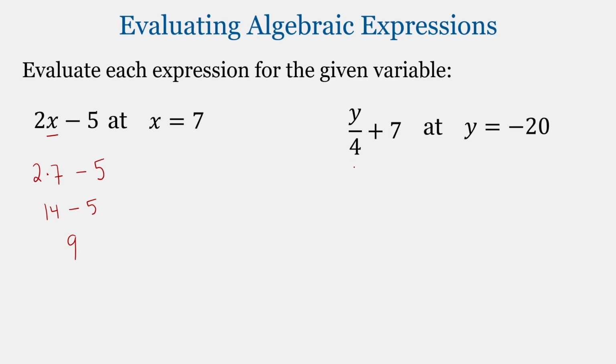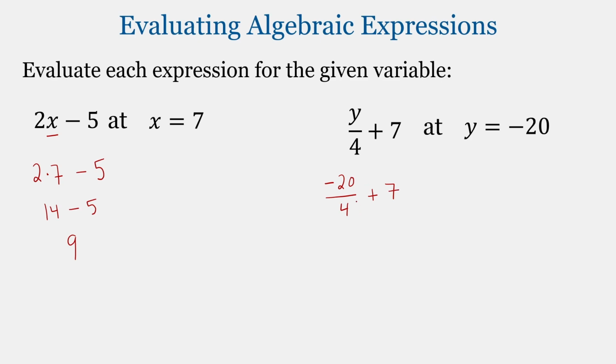For this second problem, we have y over 4, or y divided by 4, plus 7, and we want to evaluate it at y equal to negative 20. So wherever there is a y, we'll replace it with a negative 20. So now we have negative 20 divided by 4 plus 7.